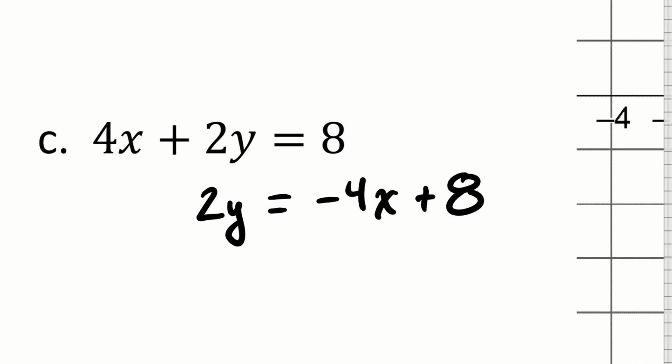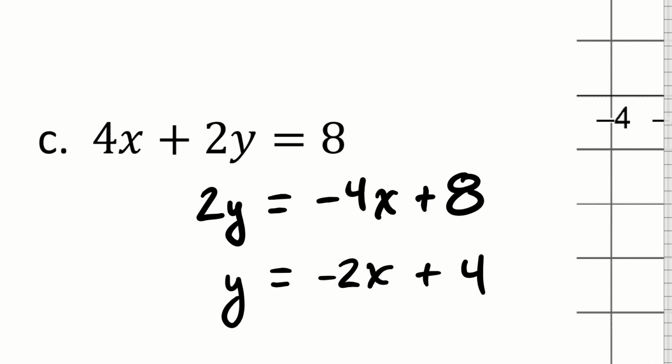Now to get y alone, I'm going to divide every single term by the number 2. When I divide the first term by 2, I get y. When I divide the second term by 2, I get negative 2x. And when I divide the third term by 2, I get plus 4. This is the multiplication property of equality, or the division property of equality.